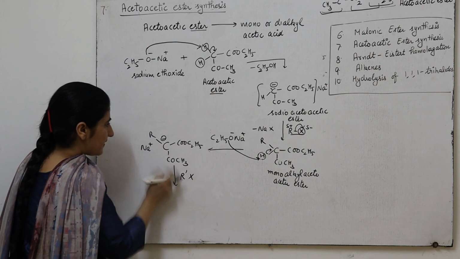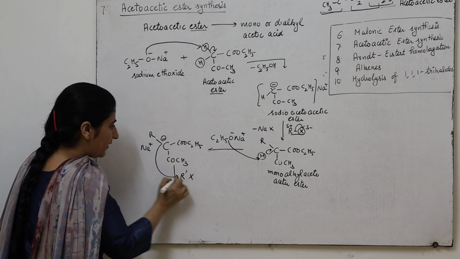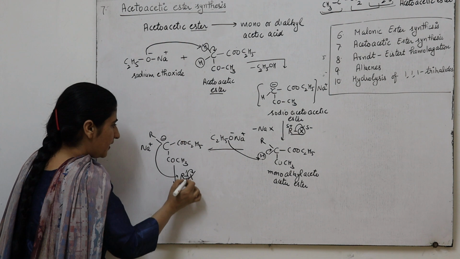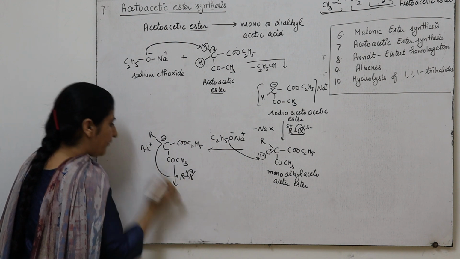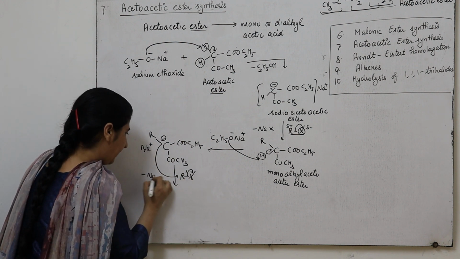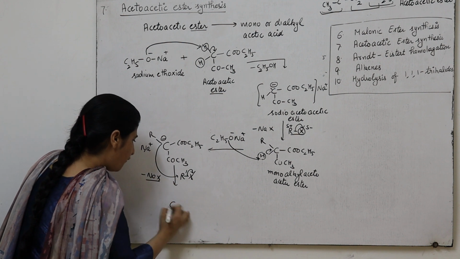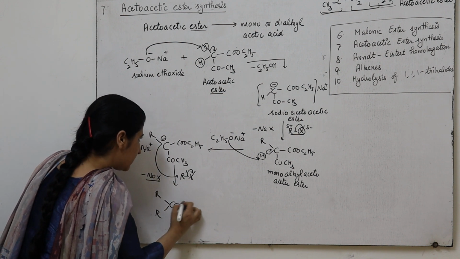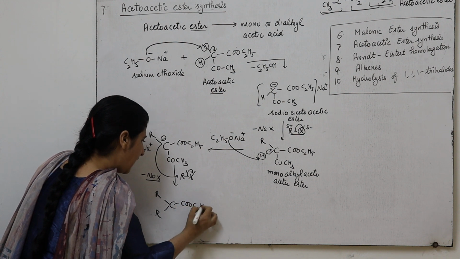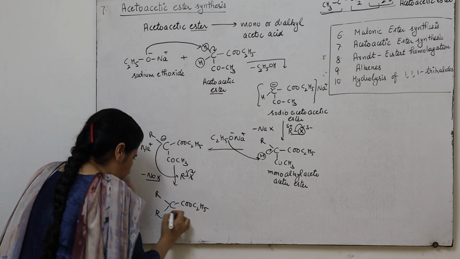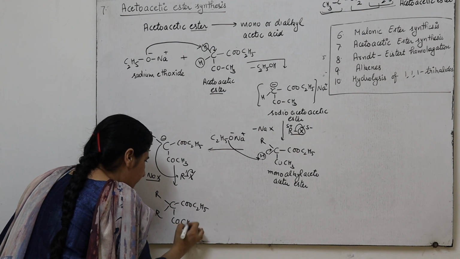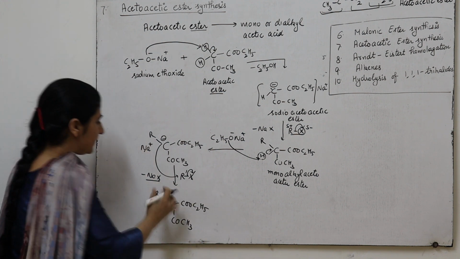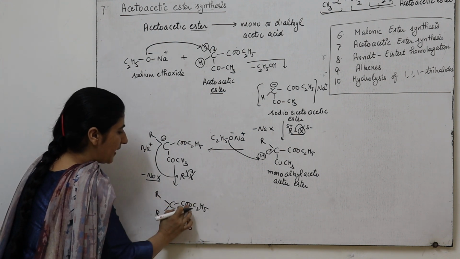So in this case, again this attacks, and the X group is eliminated in the form of sodium halide to form R, R dash, COO, C2H5, CO. So this is a dialkyl acetoacetic ester.